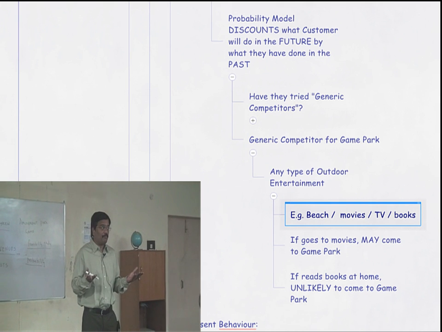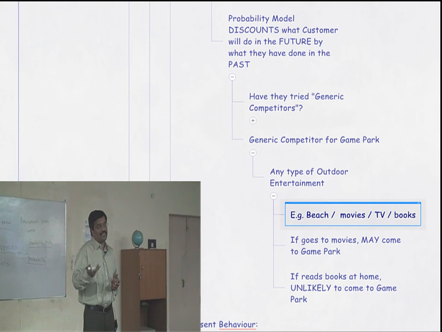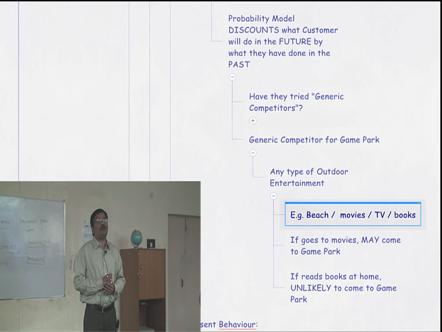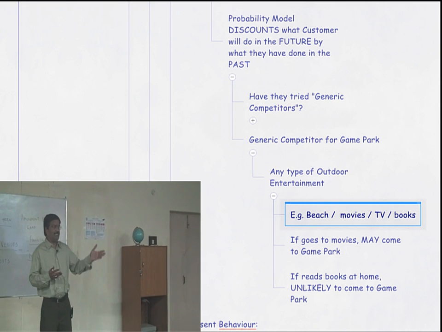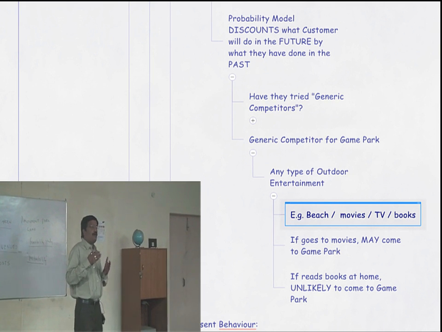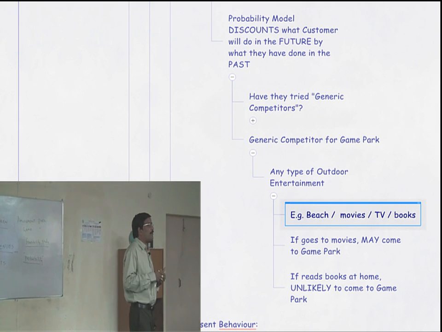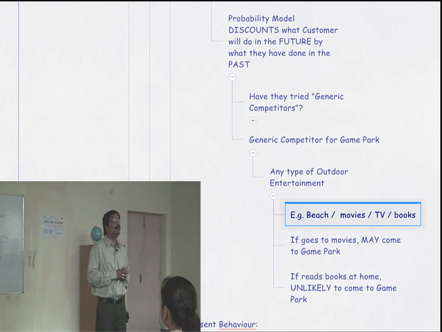That is category competition, it's not generic competition. Water World is also an amusement park. What other thing can you do in outdoor entertainment? What is a common way of spending time outside in India? Going to a movie.